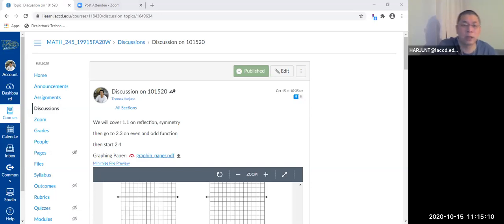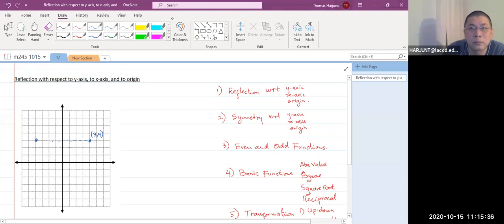Now, let's come back here. Suppose I have a coordinate 3, 4, and I want to reflect this coordinate with respect to the y-axis. So I go to the y-axis, and then from there I go further with the same distance. Now, what will the coordinate here be? Suppose we start from this 3, 4, right?